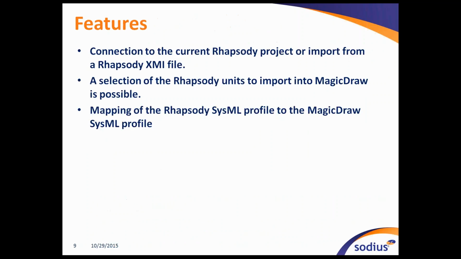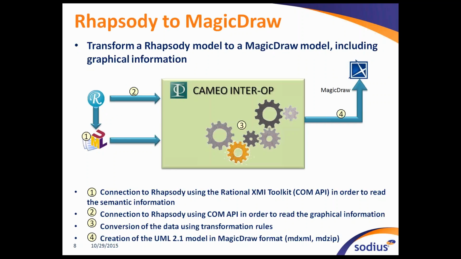In the second part, we connect to Rhapsody using the COM API in order to read the graphical information. We then convert the data using the transformation rules, here from Rhapsody to UML 2.1, and after we create the UML 2.1 model in the MagicDraw format.